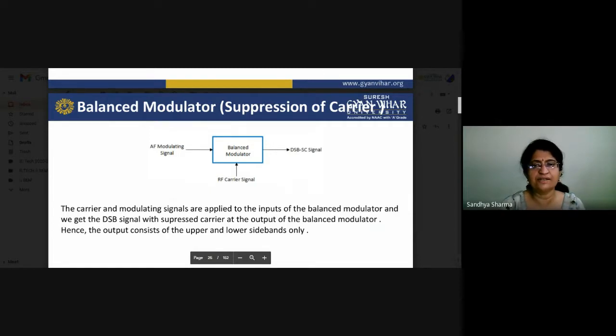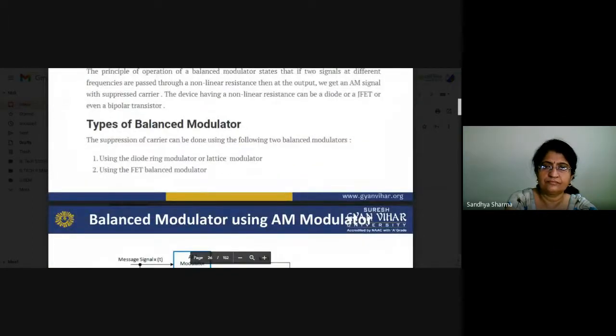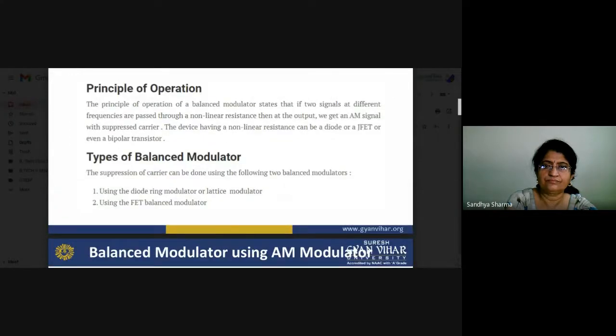The carrier and modulating signals are applied to the balanced modulator's input, and we get the DSB double sideband signal with suppressed carrier at the output of the balanced modulator. So what will happen here? There will be two types of sideband, upper sideband and lower sideband. So that is basically a balanced modulator.